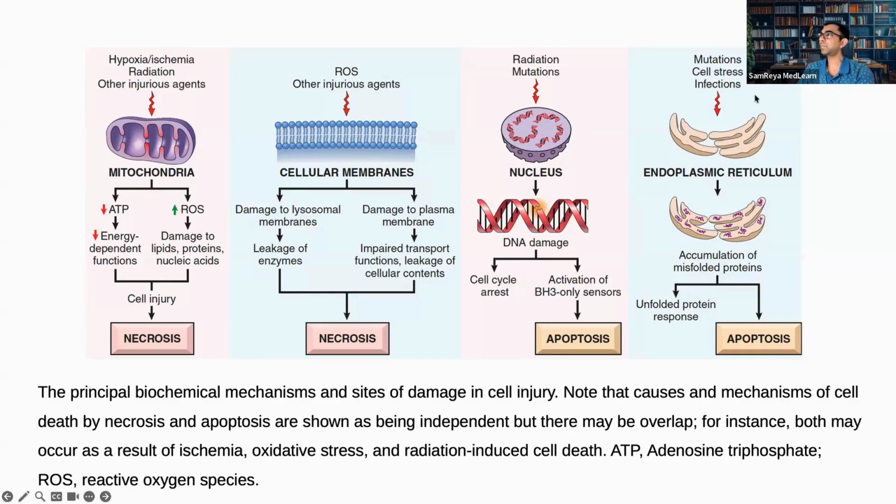Okay, the last one in this image is mutations, cell stress, infections directly causing damage to the endoplasmic reticulum. Let's take an example. I think I talked in one of the previous lectures about alpha 1 antitrypsin. It's a very high yield and repeatedly asked question in your exams.